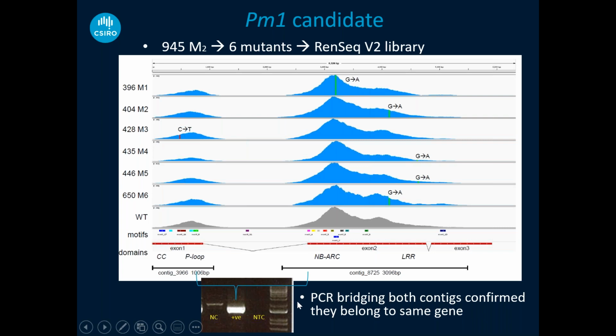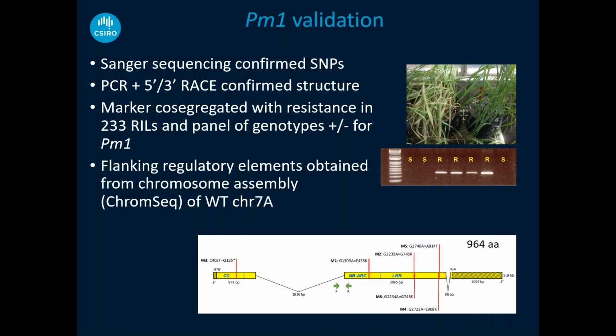This was confirmed with PCR, so primers that joined these 2 contigs together confirmed that they belong to the same gene and that there was an intron here. Sanger sequencing confirmed these SNPs as true.